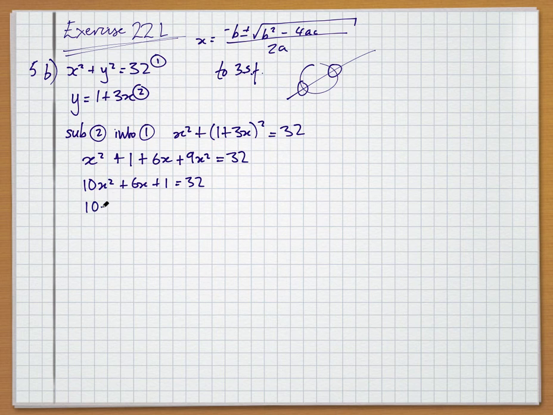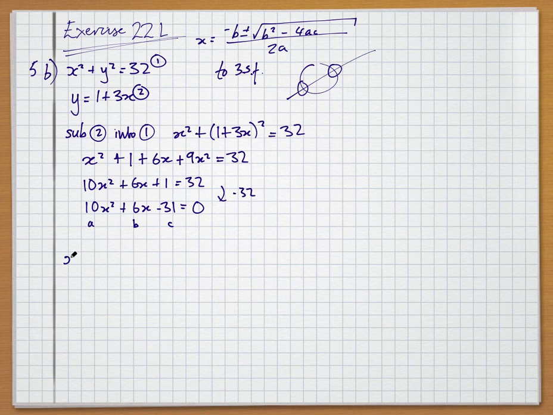So 10x squared plus 6x, and I'm going to minus 32 here. 1 minus 32 is minus 31 equals 0. And this is not going to factorize. I can't divide everything by 2 to keep it simple, so I go straight for the formula here. I've got my a and b and c here.